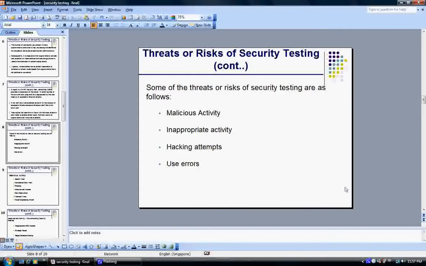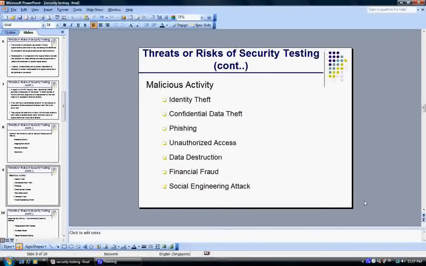Some of the threats or risks of security testing are malicious activity, inappropriate activities, hacking attempts, and user errors. What can be considered malicious activity?